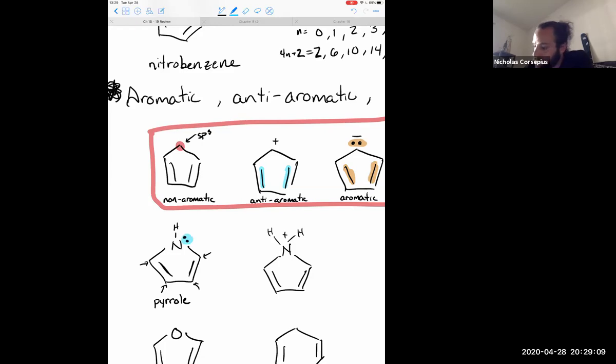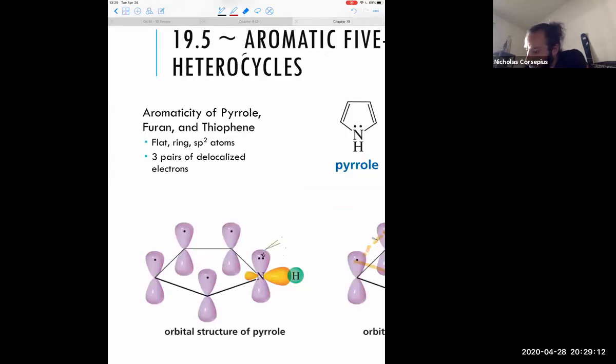So for pyrrole, its electronic structure looks like this, where my nitrogen is sp2 hybridized, and that lone pair of electrons is what's living in that p orbital solely so that it can make this compound aromatic, solely to participate in that network of p orbitals.